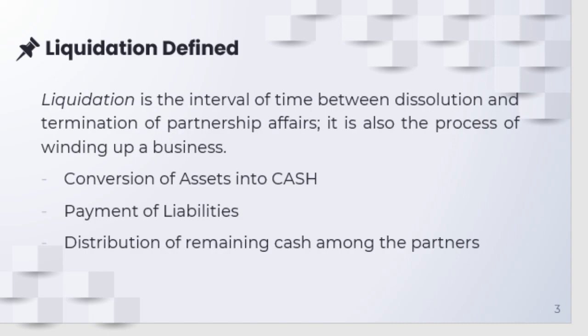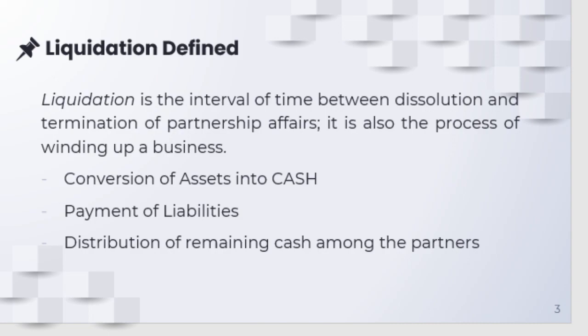So, that will be distributed to the partners using their profit and loss ratio. Or if in case it was sold below the book value, so again, i-distribute siya but it will decrease the partner's capital.